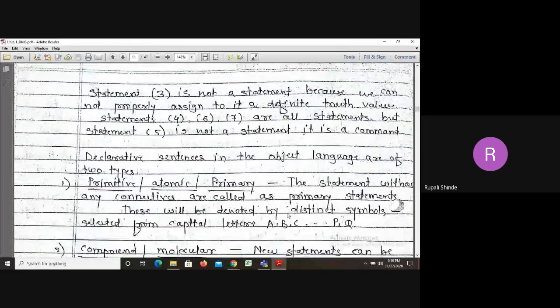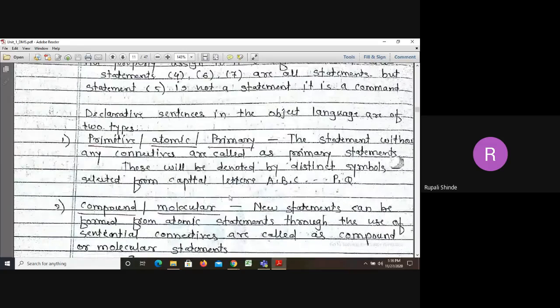After that, we have seen what are the different types of statements. So again, we have broadly categorized statements into two types: primary, atomic, or primitive, and second one, compound or molecular.